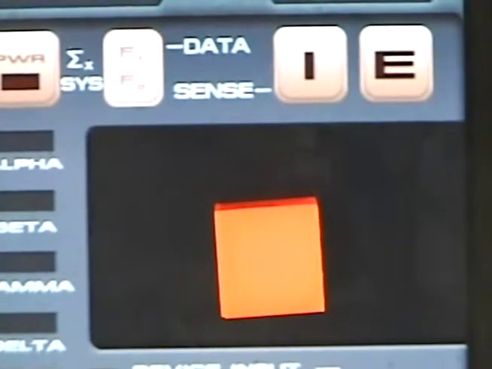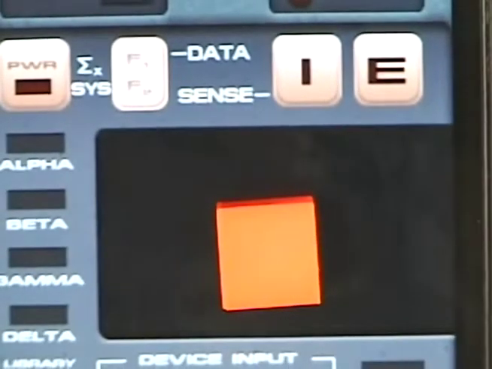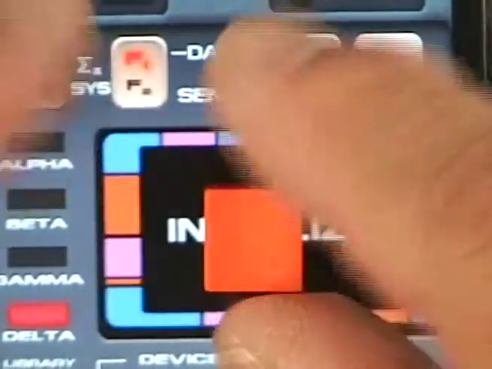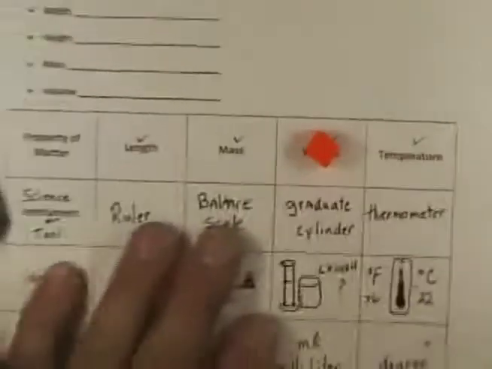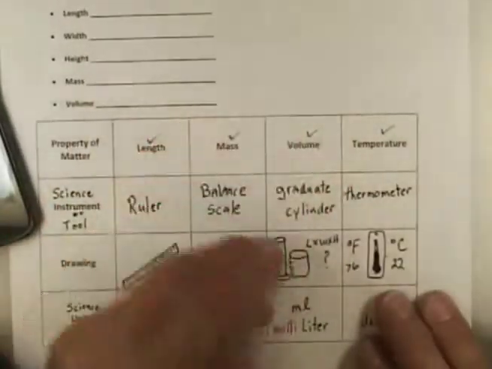But wait, there's something on my computer. There's something coming through the computer. Let's take a look at it. A strange cube. Look at this cube. Computer, I can take this cube off. Look, it just created a cube for me. So that is what I'm going to use. This cube right here.